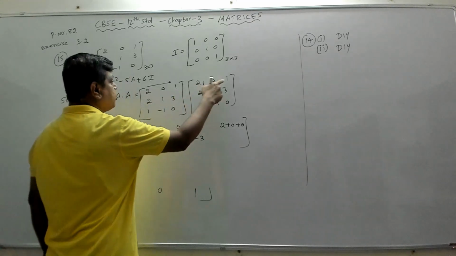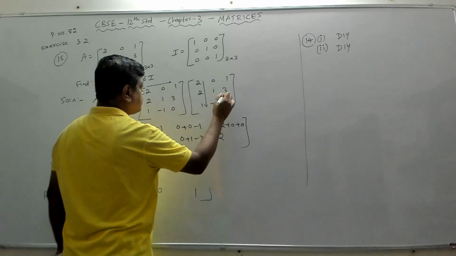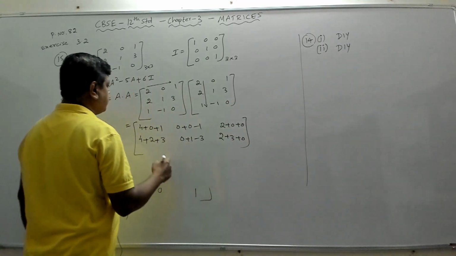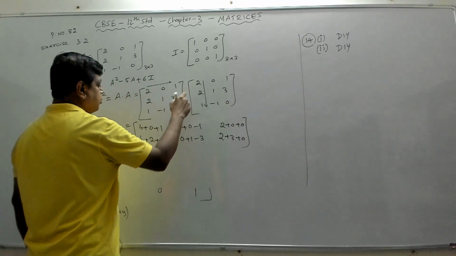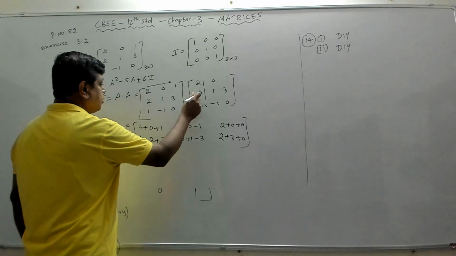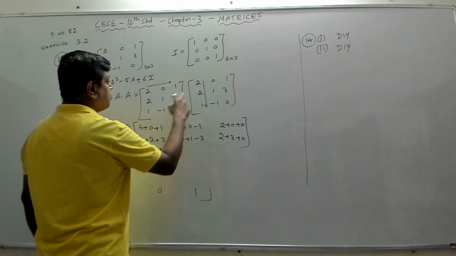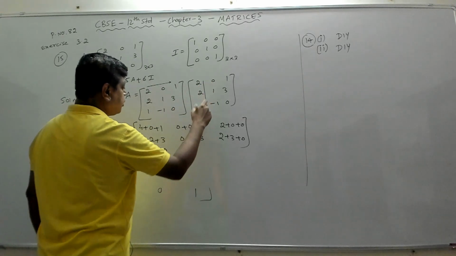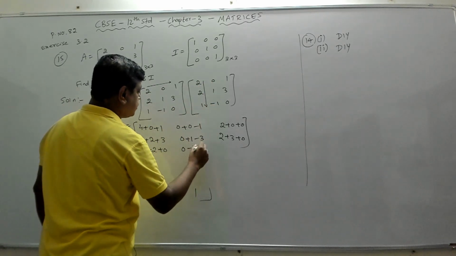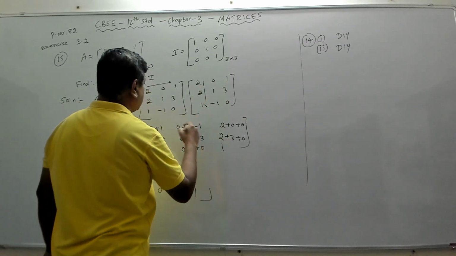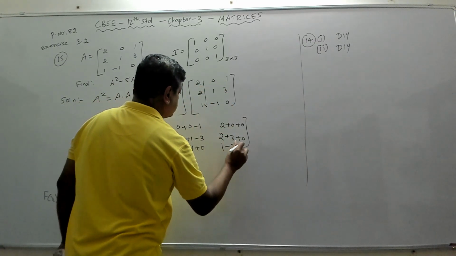Then again 2 into 1 is 2, 1 times 3 is 3, 3 times 0 is 0. The third row, 1 into 2 is 2, plus minus 1 into 2 is minus 2, plus 0 into 1 is 0. Then 1 into 0 is 0, minus 1 into 1 is minus 1, 0 into minus 1 is 0. So 1 into 1 is 1, minus 1 into 3 is minus 3, 0 into 0 is 0.